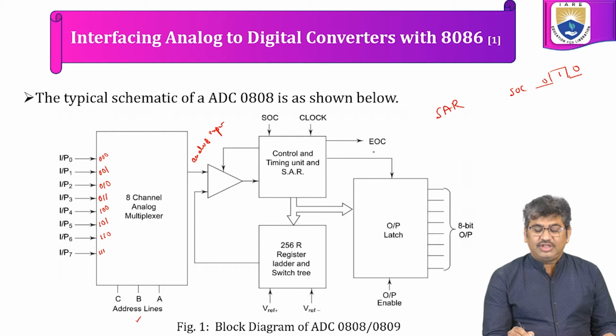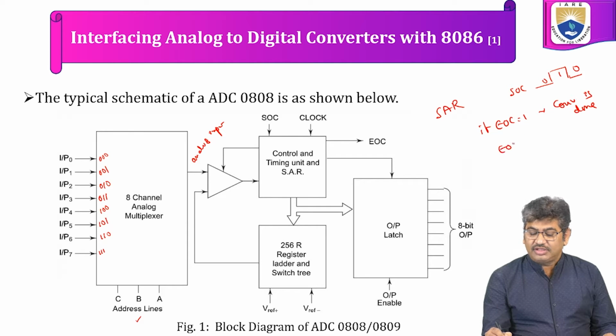Once the conversion is done, the EOC signal will be generated. The EOC signal indicates the end of conversion. If EOC is equivalent to 1, that indicates the conversion is done. If EOC is equivalent to 0, it indicates the conversion is in process.